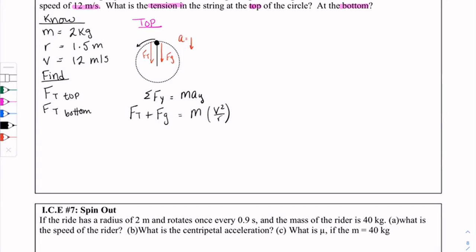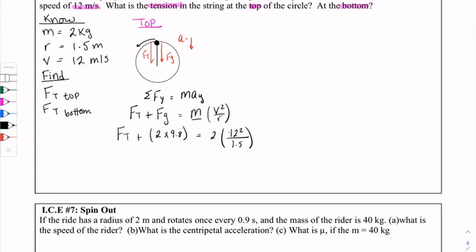Okay? If you're more comfortable solving for the acceleration separately and then plugging the number back in here, please feel free to do that. I'm just going to use this one big equation. Okay? So I'm going to plug my numbers in. Ft plus Fg is going to be the mass times 9.8, 2 times 9.8, equals the mass 2 times v squared, 12 squared, over r 1.5.